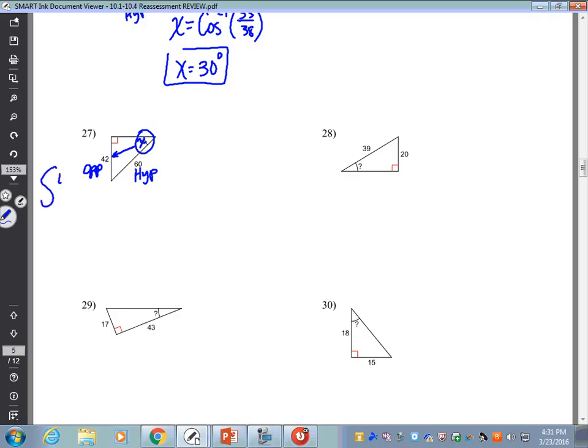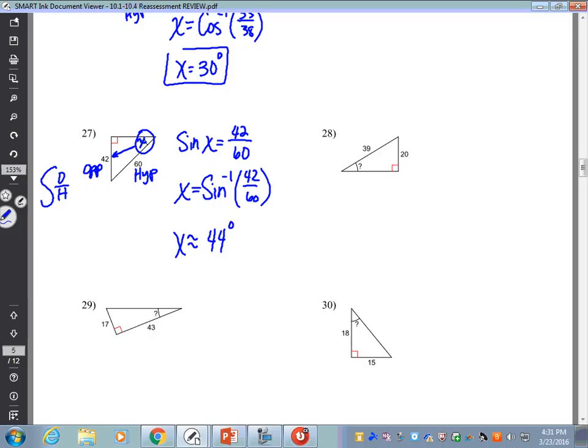Hopefully you remember sine. So you write sine of x equals opposite, which is 42, over hypotenuse, which is 60. But because we're trying to find the angle x on the inside of the triangle, we do the inverse. So sine -1 of 42 over 60, and that comes out to be approximately 44 degrees.